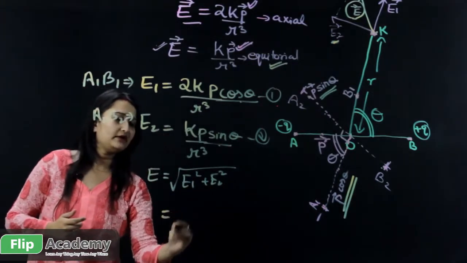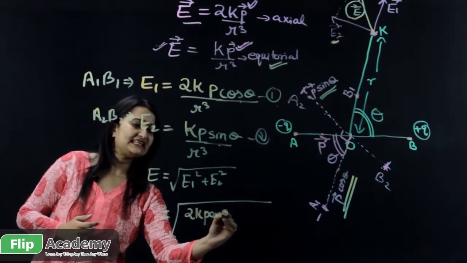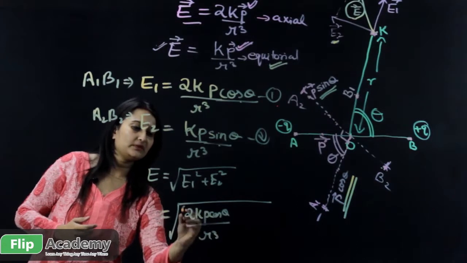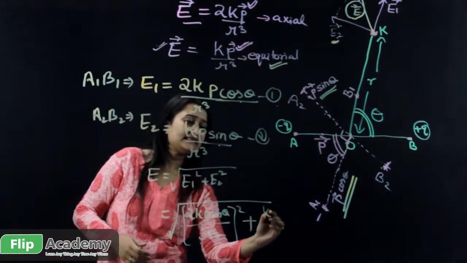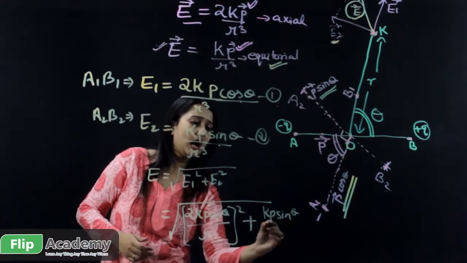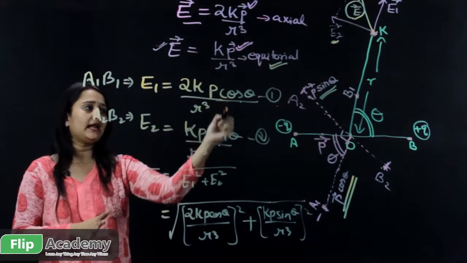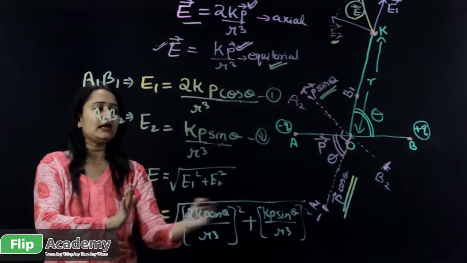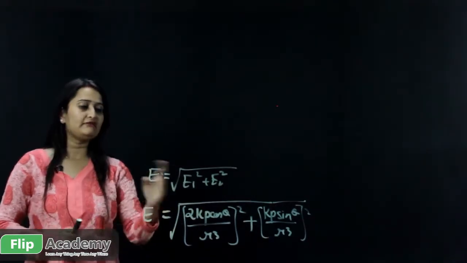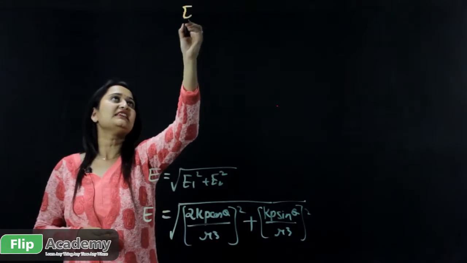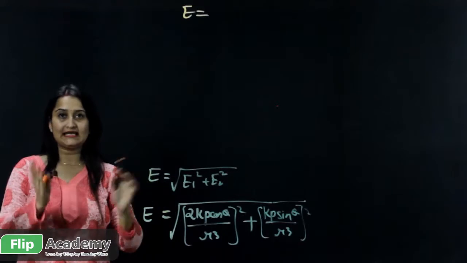Now, let me solve it. Under root E1 square, it becomes 2kp cos theta upon r cube, and this whole value is squared, plus E2 square, that is kp sin theta upon r cube whole square. So I use the values 1 and 2 and put them in the equation, that is E is equal to under root E1 square plus E2 square. Now on solving further, we will get that E is equal to, all the common terms from these two we will take out.